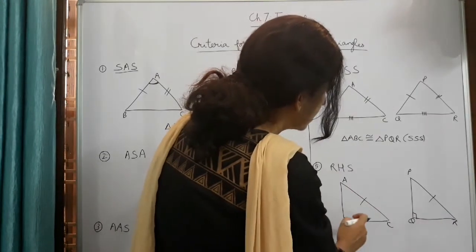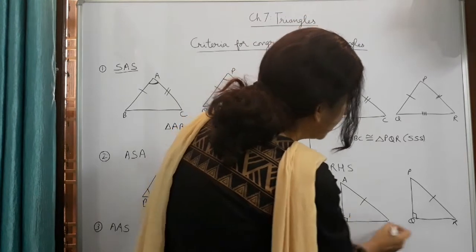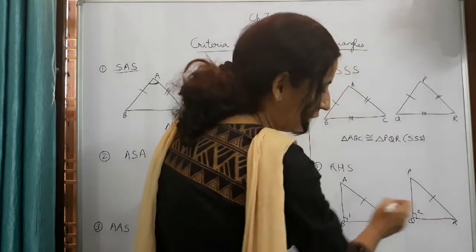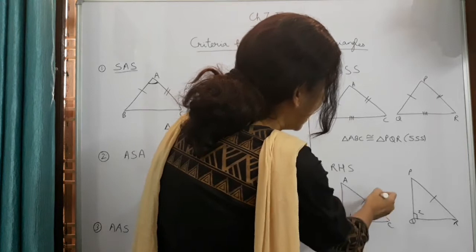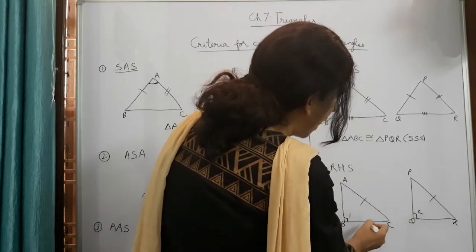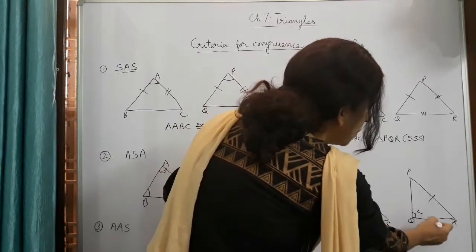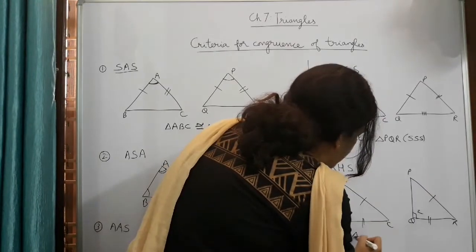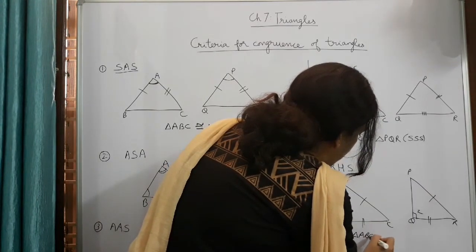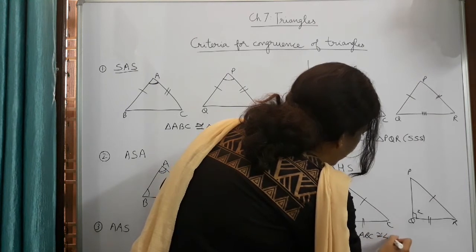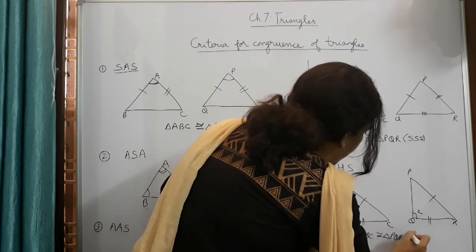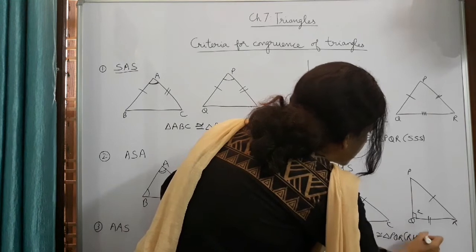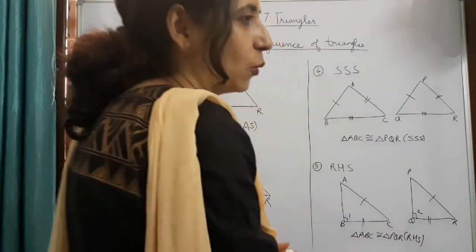So in this case, angle 1 is equal to angle 2, each of measure 90 degrees. AC is equal to PR, and suppose BC, any other side, BC equal to QR, then we can say that triangle ABC is congruent to triangle PQR by RHS criteria of congruence.